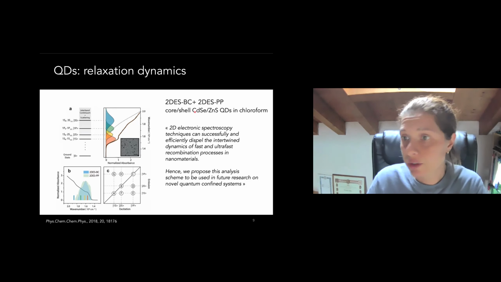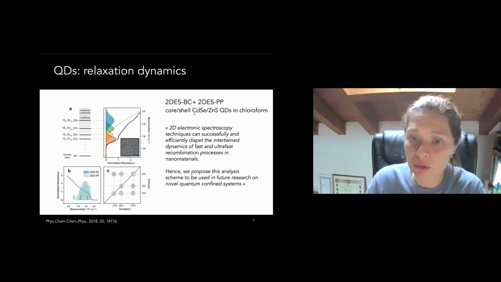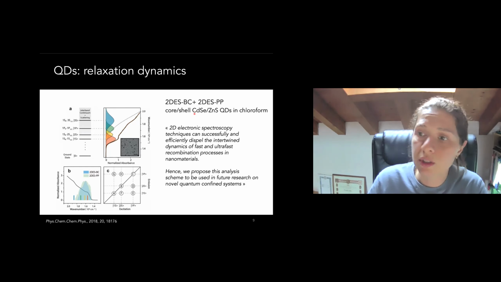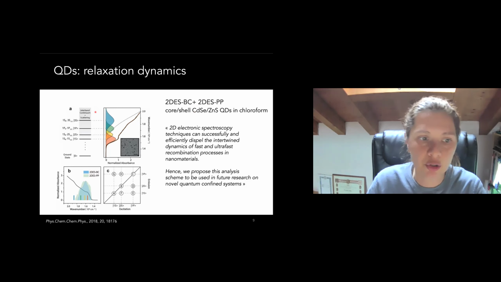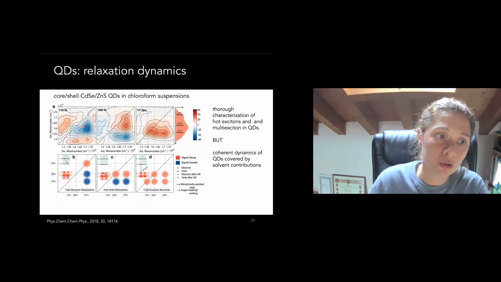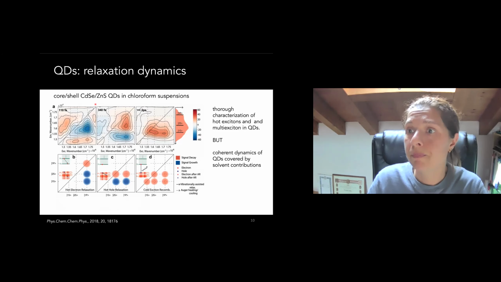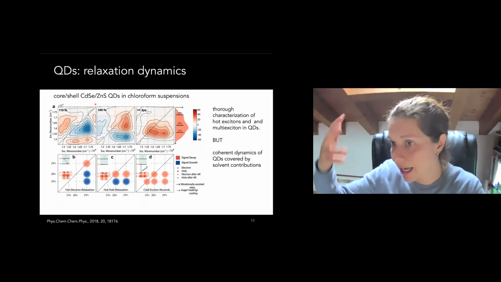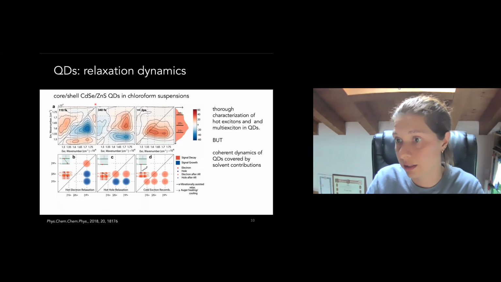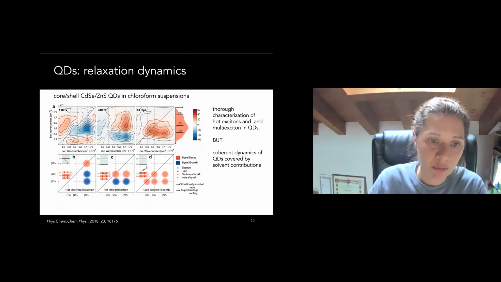So we applied these two configurations to these samples, and we could really characterize the electronic structure of this sample and also characterize the rate constants dominating the relaxation dynamics within the system. Here I am showing you the result of a multi-exponential global fitting.